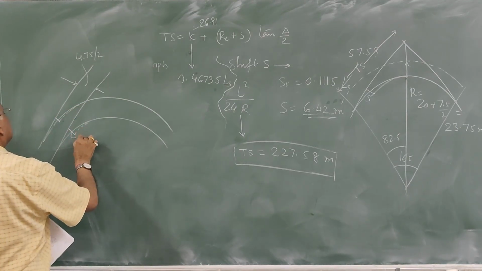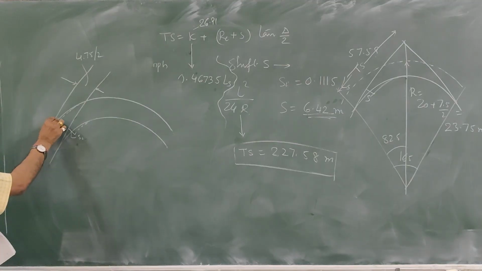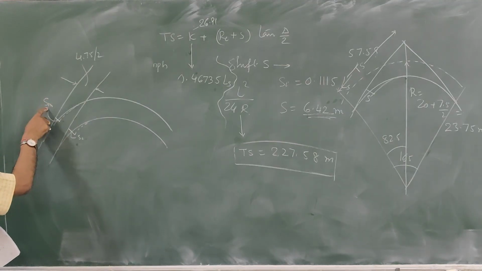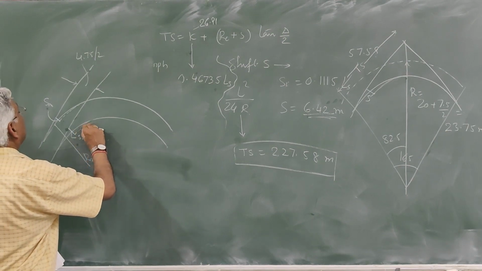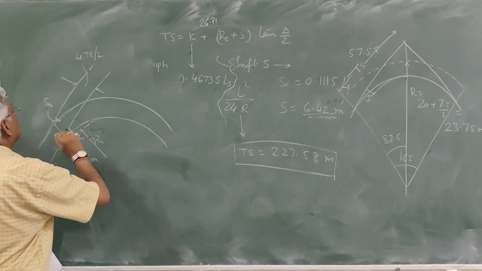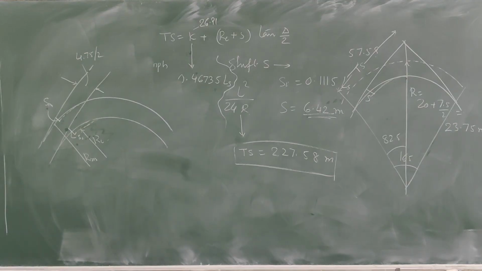So let us say this is SI, I for inner, and that is SM, M for middle, and this is the RI, and that is the radius of the middle curve. So RI plus SI will take you to this tangent.